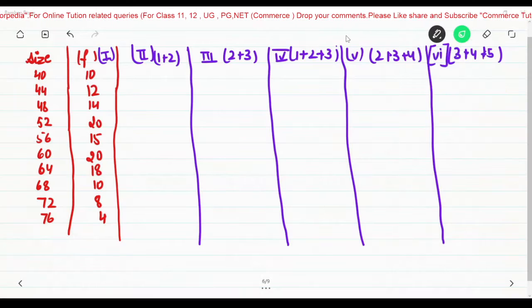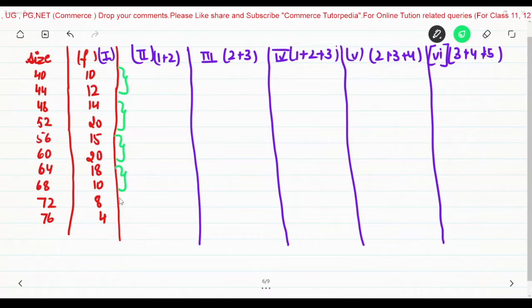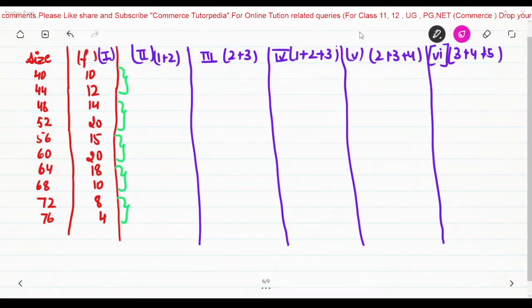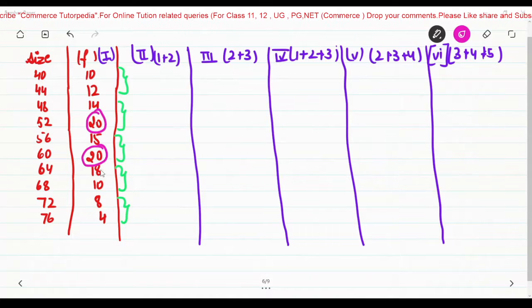Now let us see how to add 1 and 2. You can see the two frequencies we need to add. But in the first column we need to mark the highest frequency. You can see we have two highest frequencies in the first column, 20 and 20.